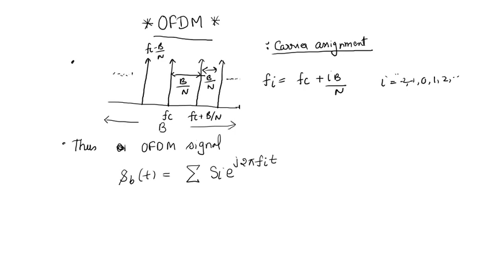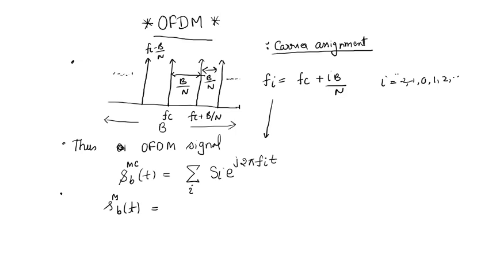So this is the baseband equivalent of the OFDM signal. I have told you how we can see the baseband and passband equivalence. This we have already discussed. Just replace f_i here, and we get s_b(t), the baseband equivalent of OFDM or the multi-carrier signal.